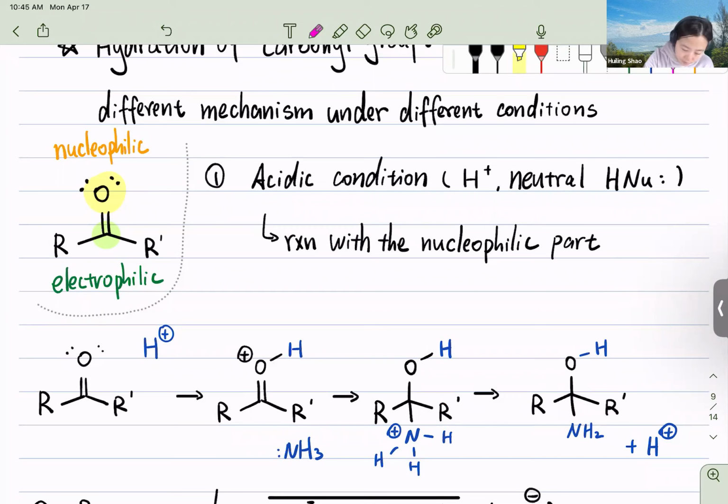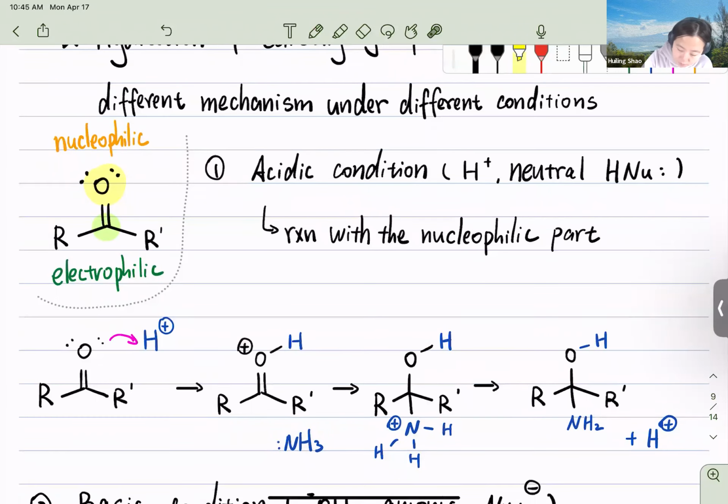The first reaction is here. We have the nucleophilic carbonyl oxygen attacking the H+. And the result is we're forming this species, an oxygen-centered cation. Now with a neutral nucleophile like ammonia, it attacks the carbonyl carbon, and we're moving that chemical bond onto the oxygen.